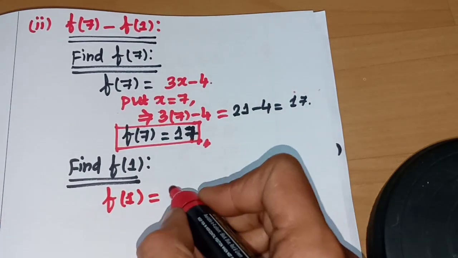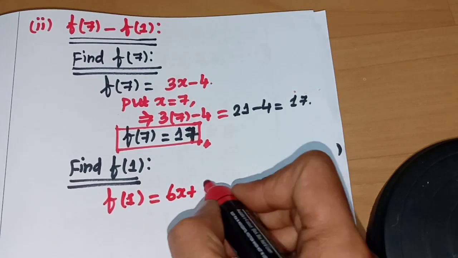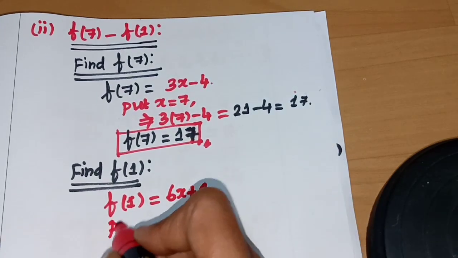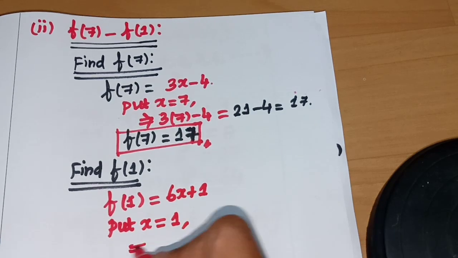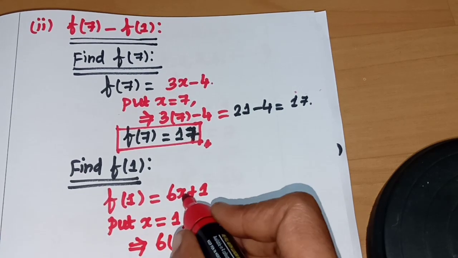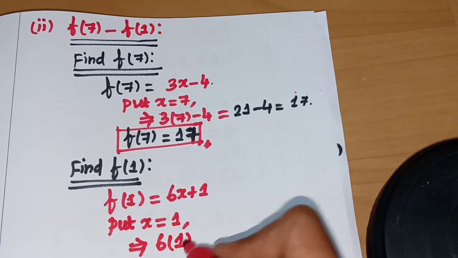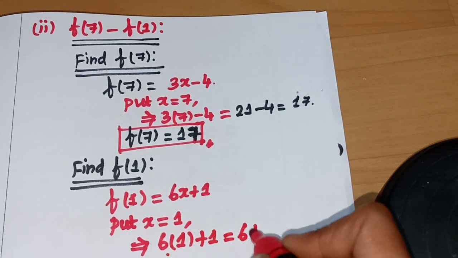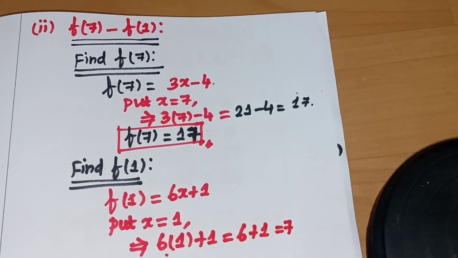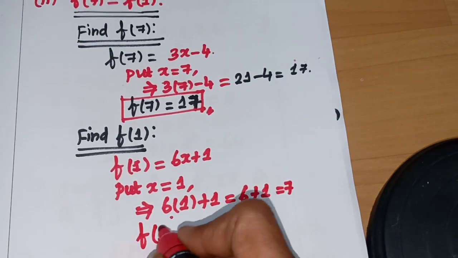Put x equal to 1. 6 into 1 plus 1 equal to 6 plus 1 equal to 7. F of 1 equal to 7.